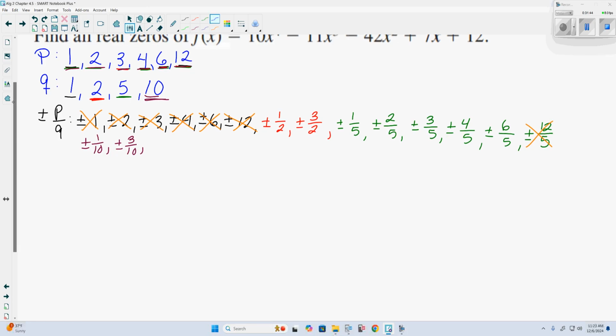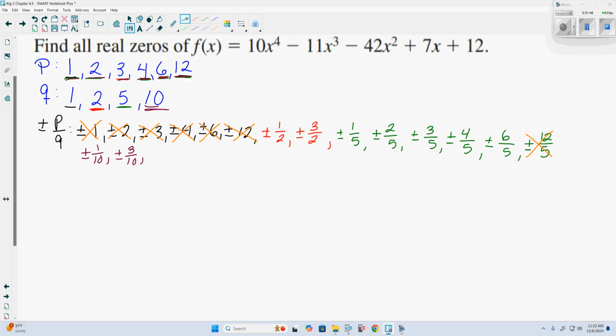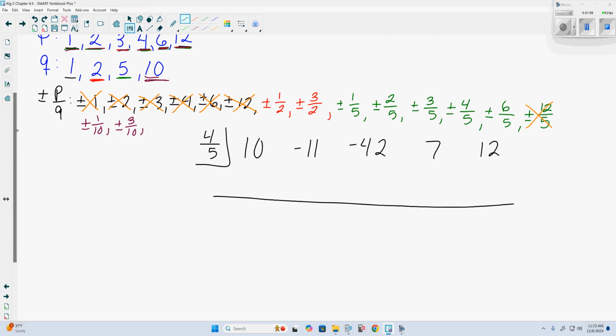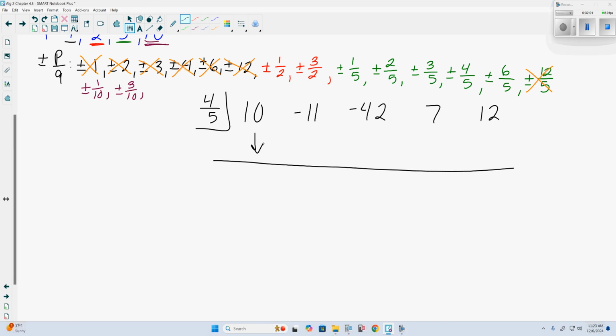So it gives us an idea of where to start. 1/2, yes, but 4/5 is closer to 1. So let's start with 4/5.